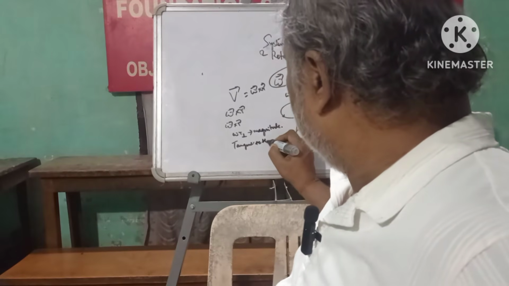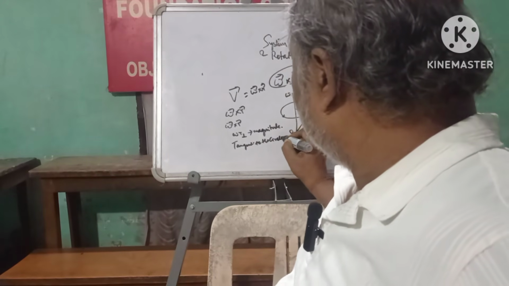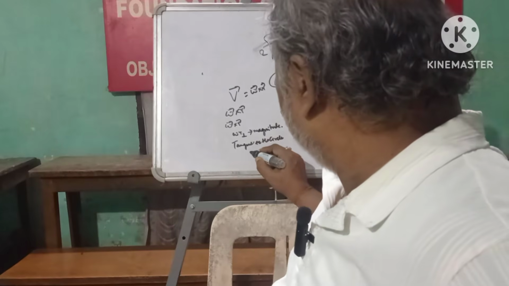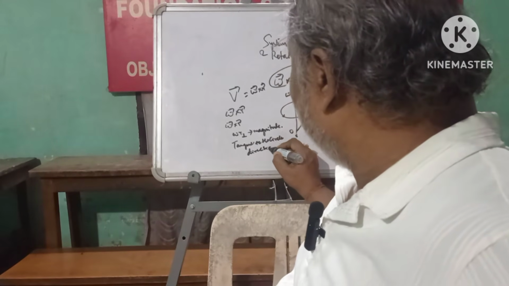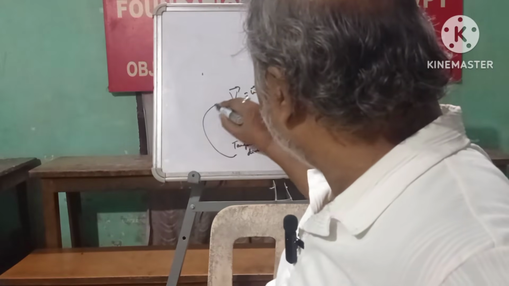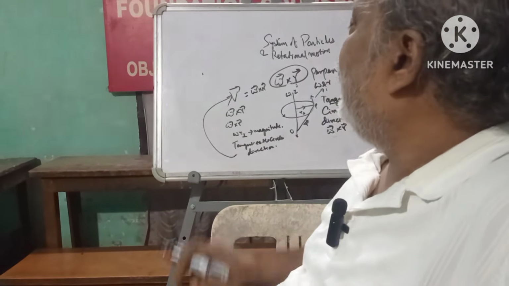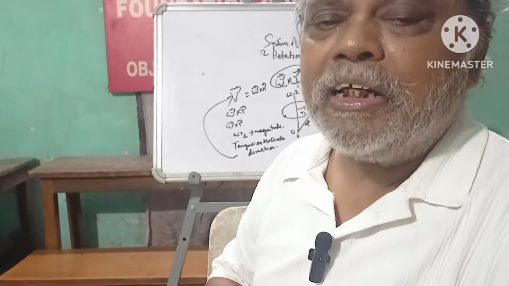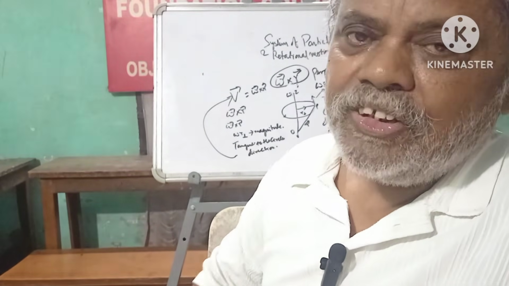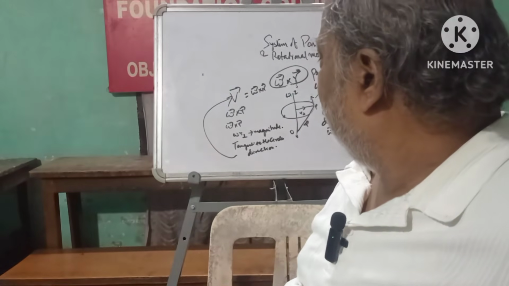This condition is also satisfied by V. So V is equal to omega cross R. This is the actual explanation.